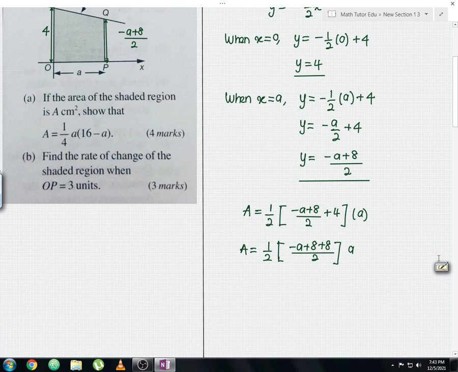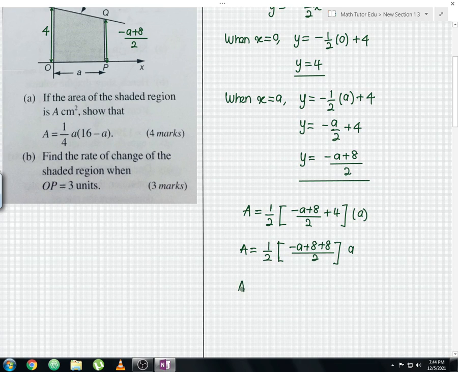Since we need to prove the area of the shaded region similar to the expression over here, what we're going to do is move this A next to the 1 over 2 here, guys. Since everything is being multiplied together, it is considered the same. So we're going to move this A over this side.